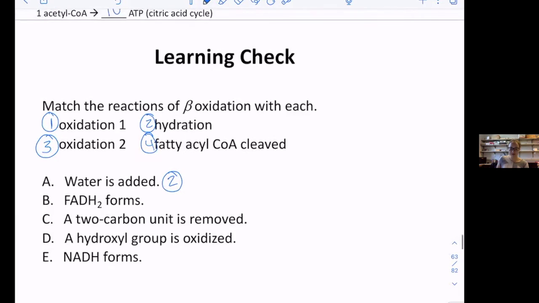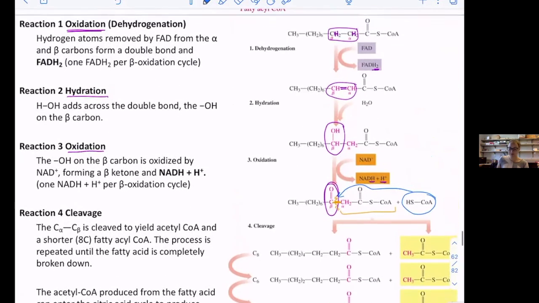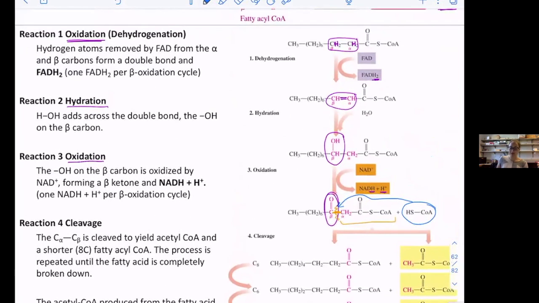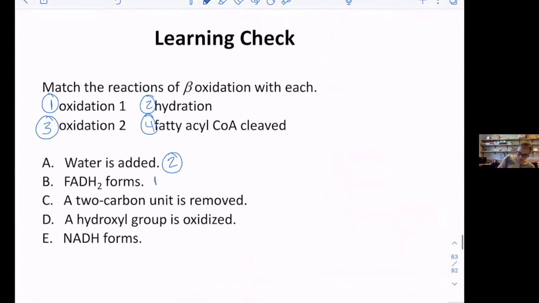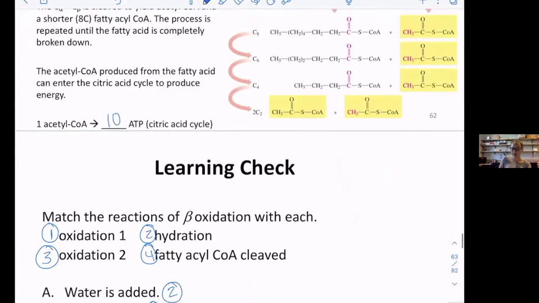FADH2 forms. So let's go back and look at our process here. FAD is the coenzyme in the first oxidation, so it's going to be step number 1. A 2-carbon unit is removed. That's going to be in our cleavage. That's how we get rid of 2 carbons, so step number 4, our last one. A hydroxyl group is oxidized. That is going to be one of our oxidations.